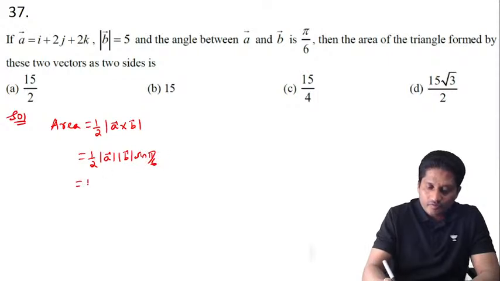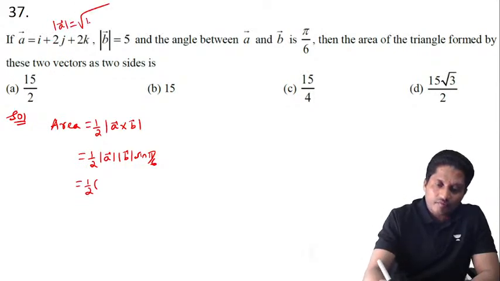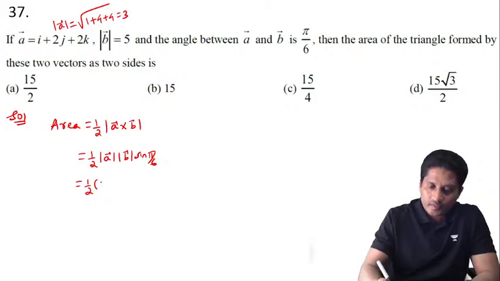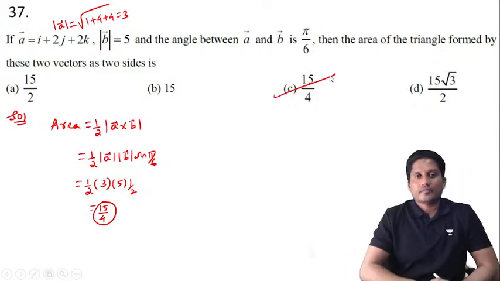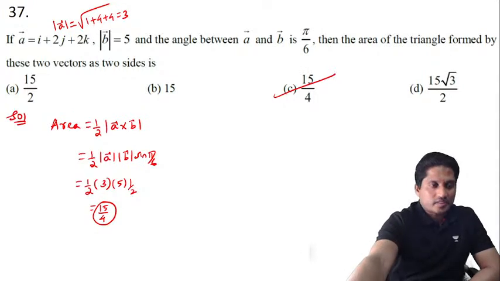Mod of A, if I find here, it will be root of 1 plus 4 plus 4, root 9 is 3. Modulus of B is 5 and sin 30 is half. You will get 15 by 4. The area is 15 by 4 square units. Alright, let's move to the next question.